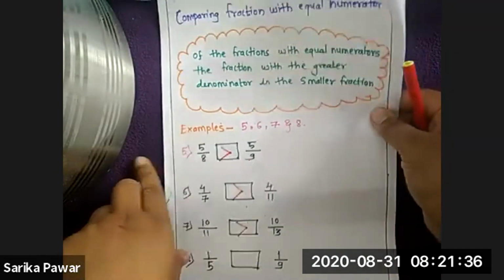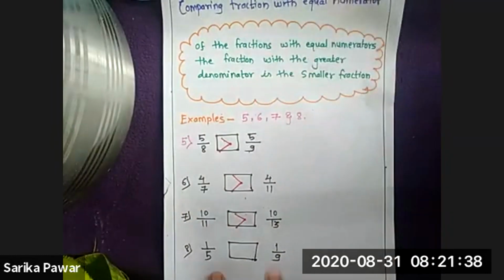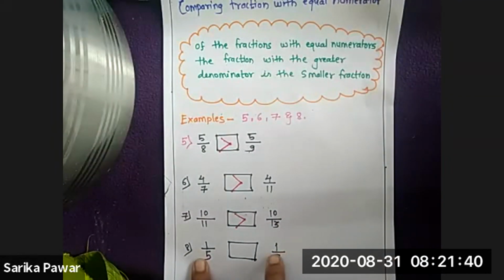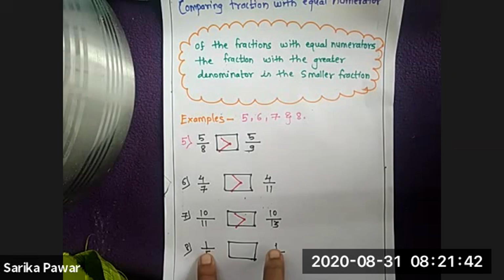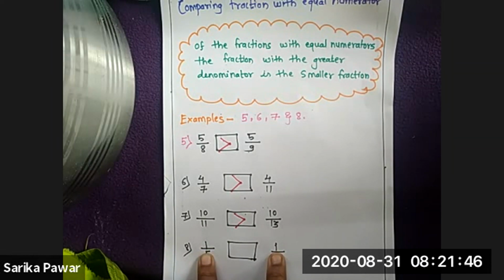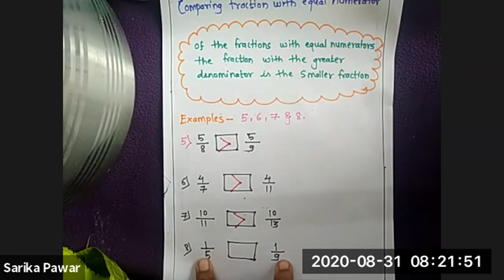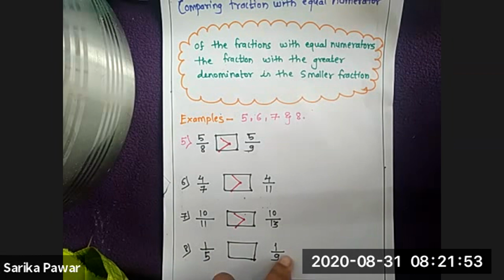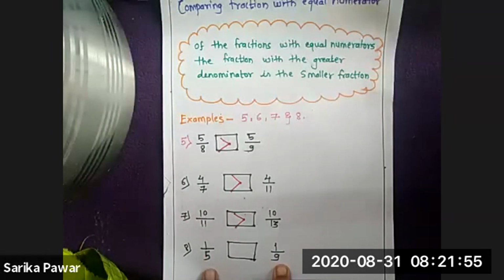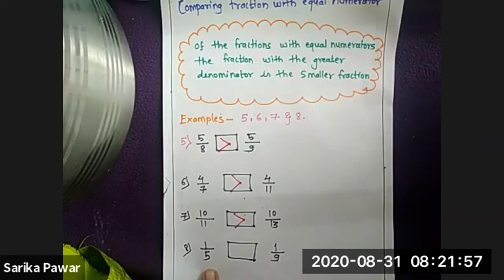Now see problem number 8. Numerators: 1, 1, 1, 1. The numerator values are the same, isn't it? Yes. Now see the denominator value. Denominator 5 here, and denominator 9 here. So which one is greater and which one is smaller? 9 is big.